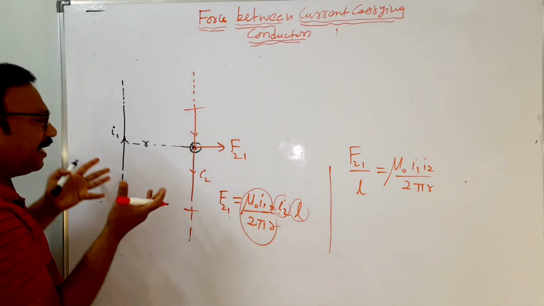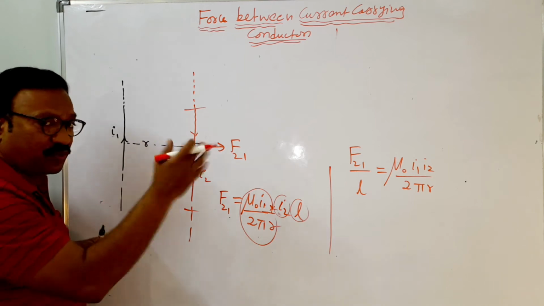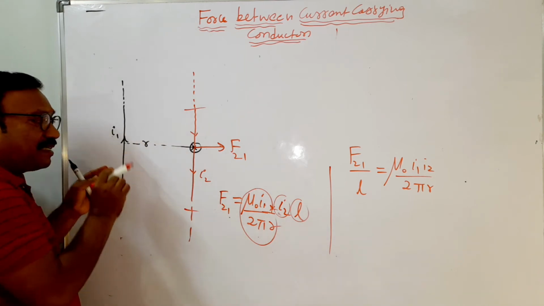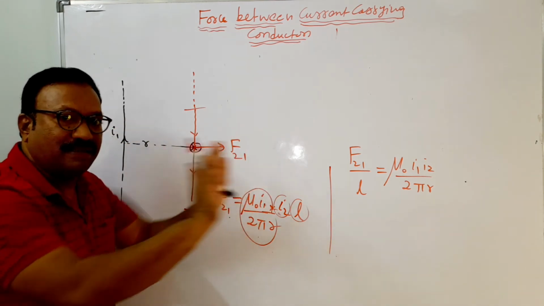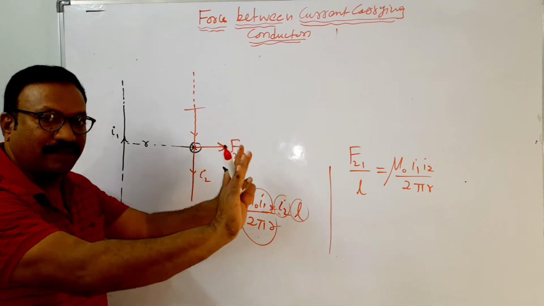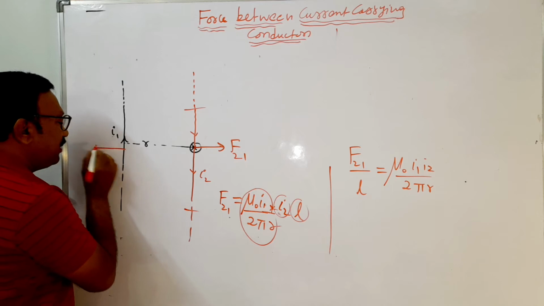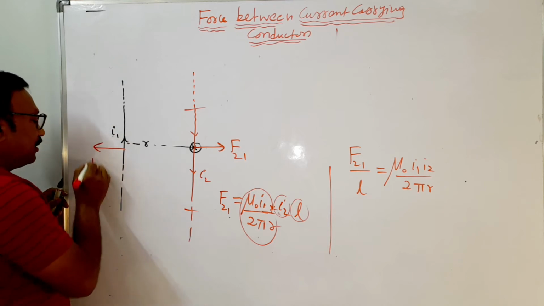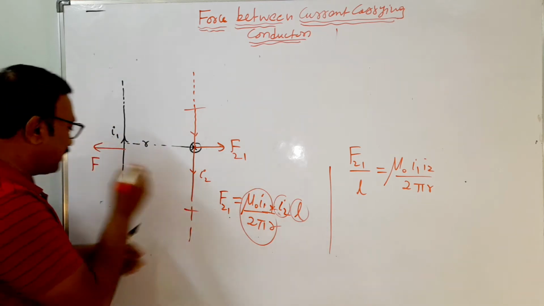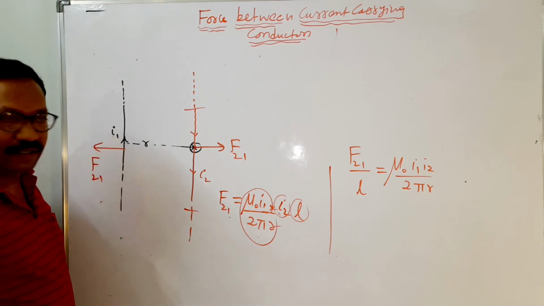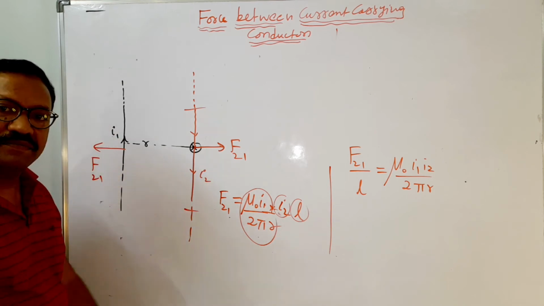Now let us understand action and reaction again, because I already proved it is correct. If this conductor is pushes the second conductor like this, it will get a reaction like this. So therefore it will experience a reacting force. This reacting force is the force exerted by the second conductor on the first conductor. So they must be equal and opposite. Therefore they are repelling each other now.